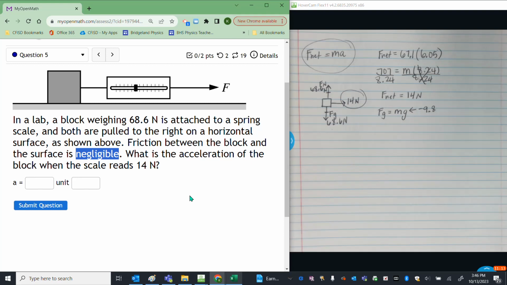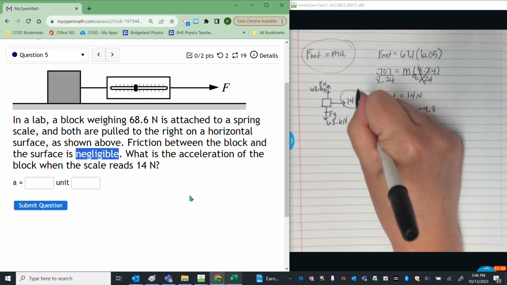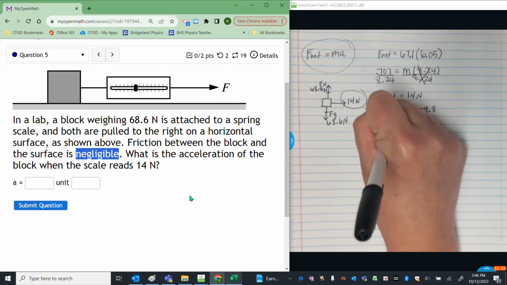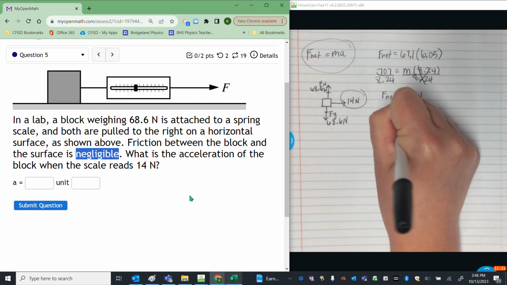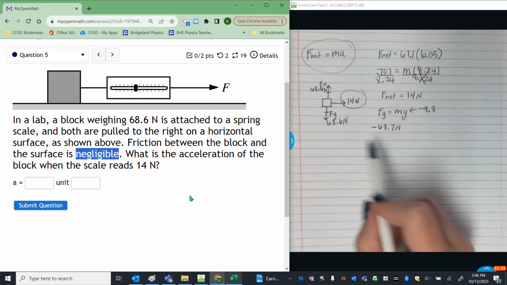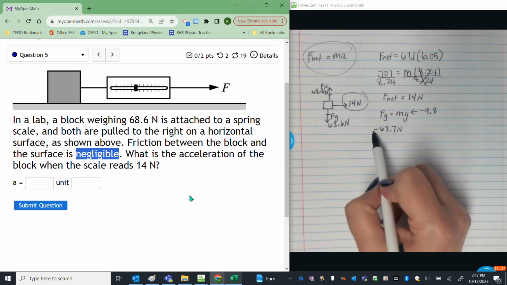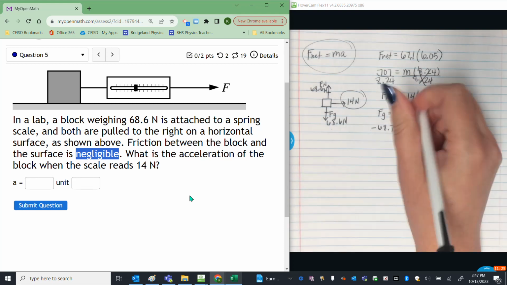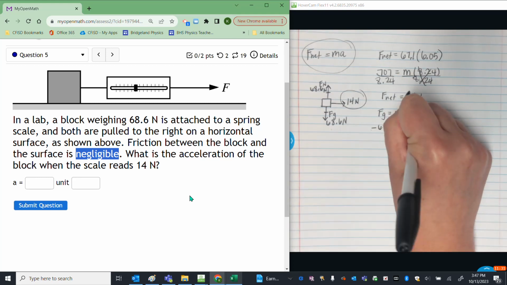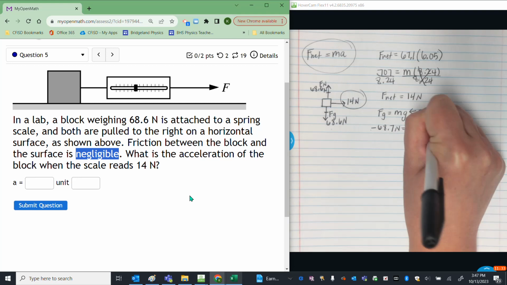And so I can solve for the mass using the weight. The weight is negative 68.6 newtons. And it's negative because it is a downward force. The Earth pulls down on you. Forces are vectors, so I'm going to put the negative in there. Equals mass times negative 9.8.